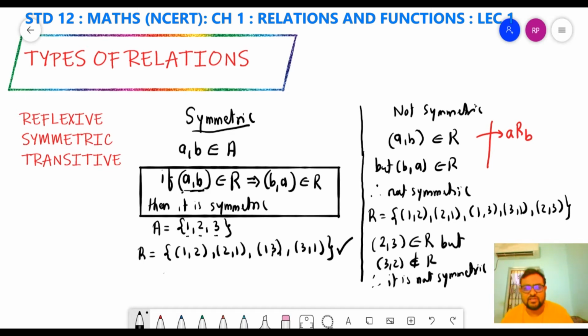Clear? So this is the other way. Either prove it is symmetric using the first way, or just find any one ordered pair that belongs to R and the reverse ordered pair does not belong to R. So it will not be symmetric. Clear? So just note it down about symmetric relation.